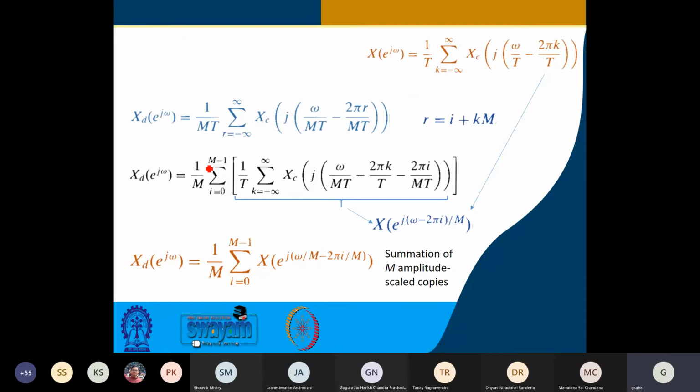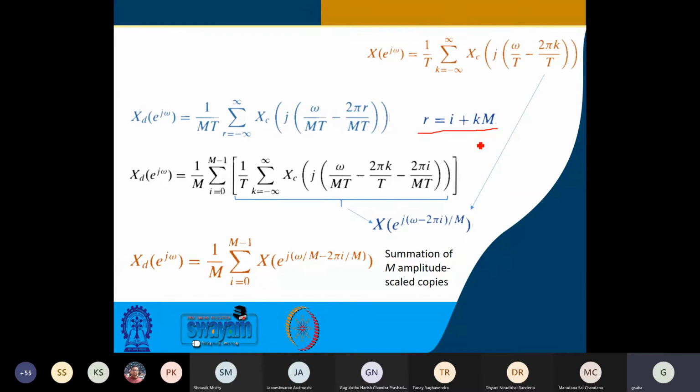So this is the relationship, and here we write r is equal to i plus k M. Okay, so if we write it in this manner, then for i equal to 0 and k kept at 0, i varies from 0, 1, 2, 3, up to M minus 1.